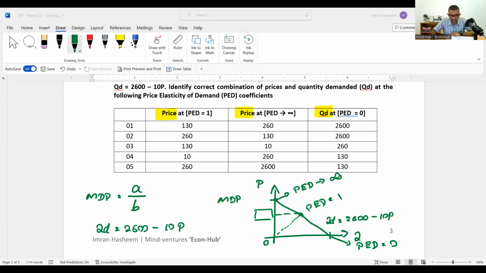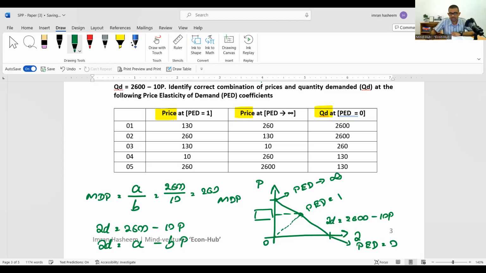QD equals 2600 is basically A, and 10 is B. A divided by B means 2600 divided by 10. So how much is that? 260.